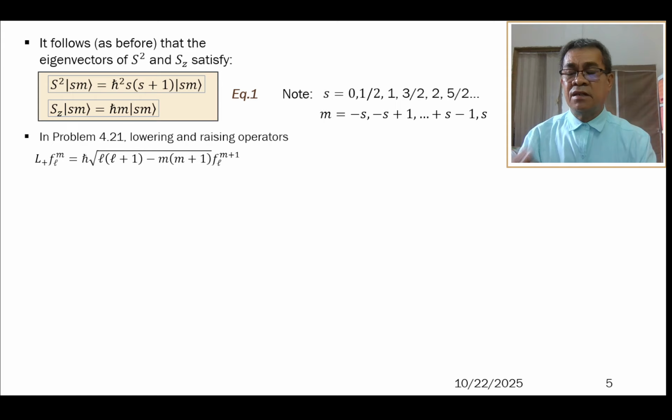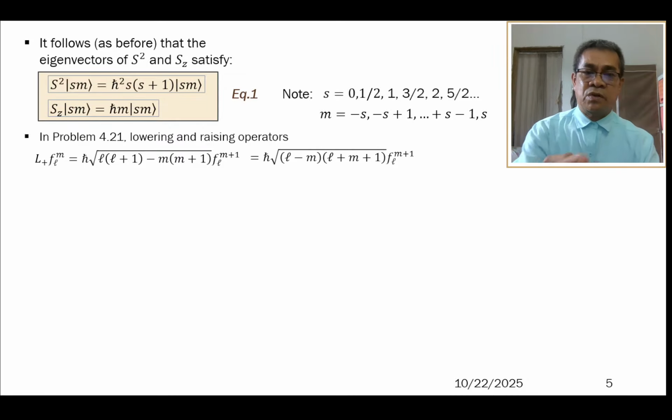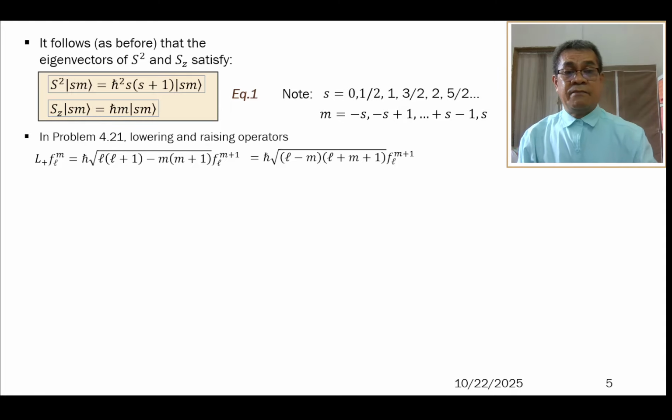And we have this coefficient, h bar times the square root of l minus m times l plus m plus 1. We derived this in our previous lessons. Then we have f l, and this time m was increased by 1 because you let the raising operator act on that wave function, so it moves to the next level.